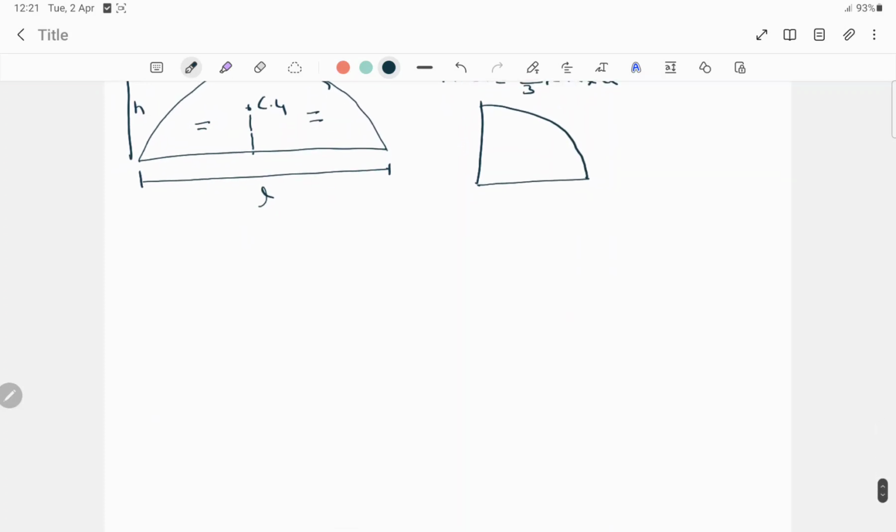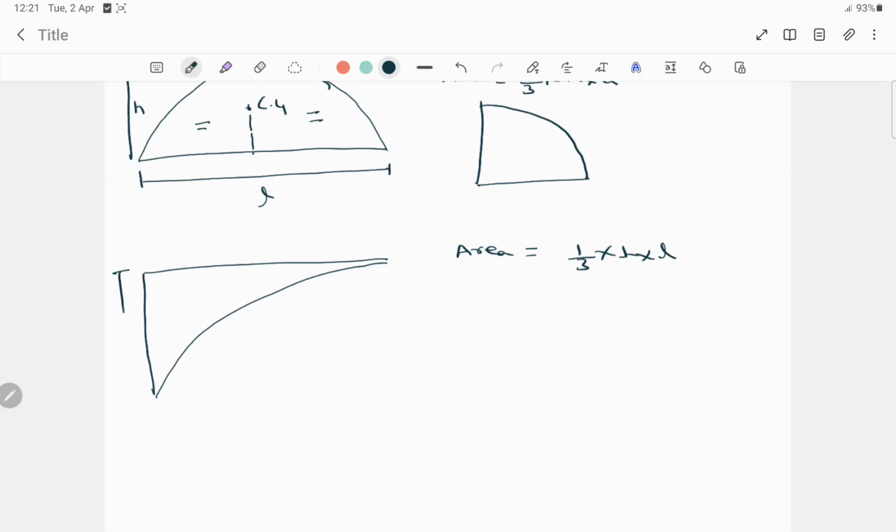Now again, if our bending moment diagram is like this and parabolic, the area formula will be 1/3 of H into L. This is H and this is L, and to find the CG distance, the formula is 3/4 of L from this side and 1/4 of L from this side.